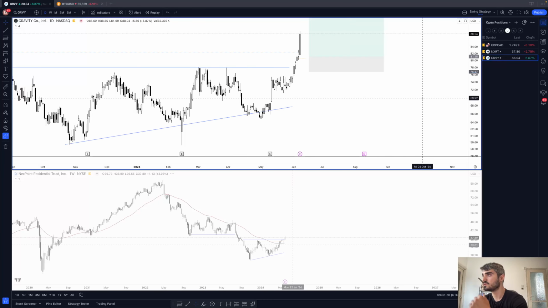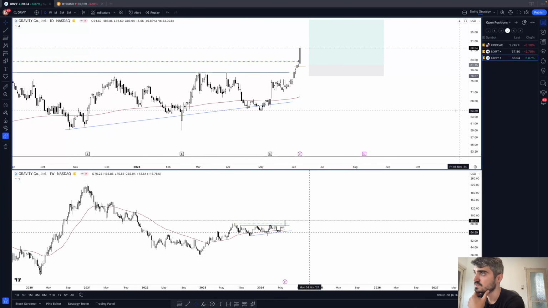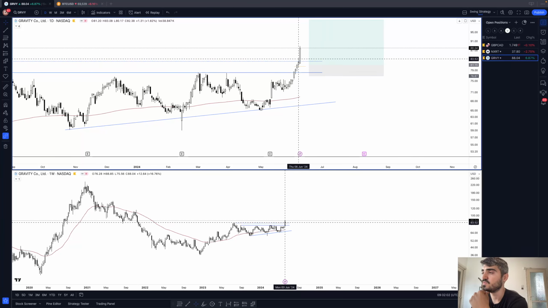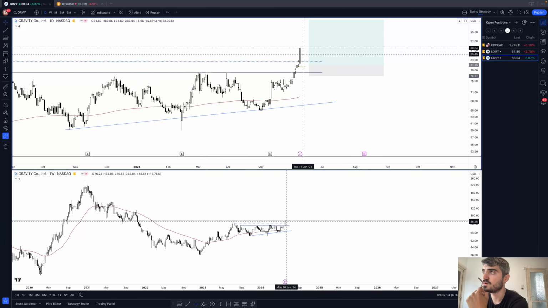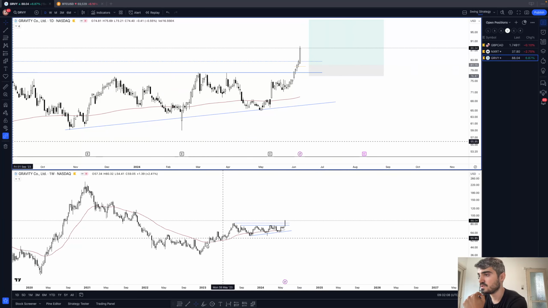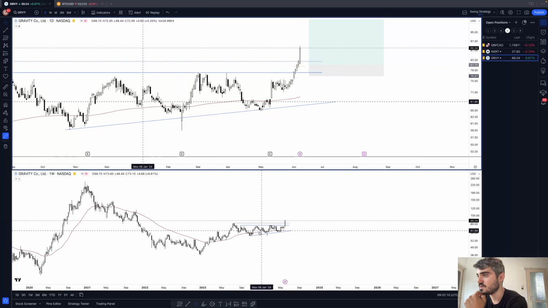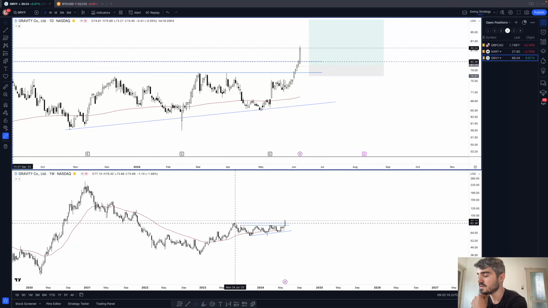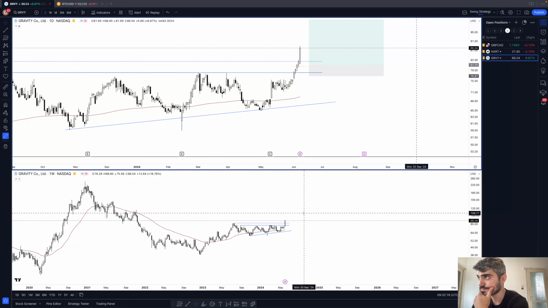GRVY. So this is a good looking trade, guys. Let's say the ideal scenario. Beautiful price action into the pattern, beautiful breakout price action in an uptrend above the 200-day EMA, ascending triangle, clearing the major weekly swing high.